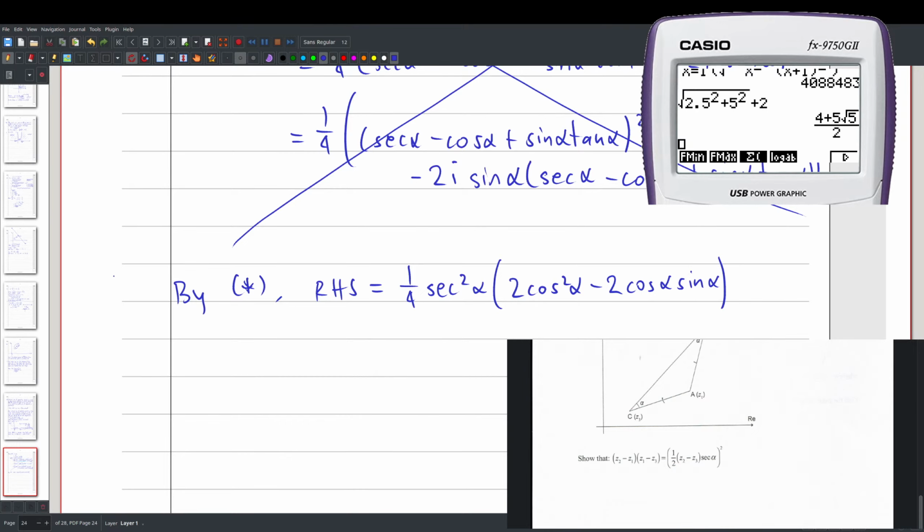There should be an i here though. I'm definitely missing that. I, and then squared, and then sec squared alpha, because you can cancel the 1 on 4. Cos to the 4 alpha.